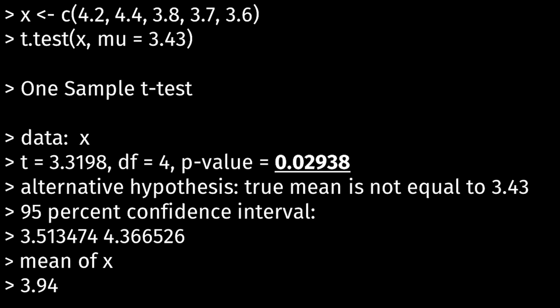It calculates for us a t statistic of 3.32, a degrees of freedom of 4, and a p-value of 0.02938. It does not provide us a t critical value, but we can use that p-value, which is less than 0.05, to state that we reject the null hypothesis that the sample of sepal widths came from a population with mu equals 3.43 centimeters.